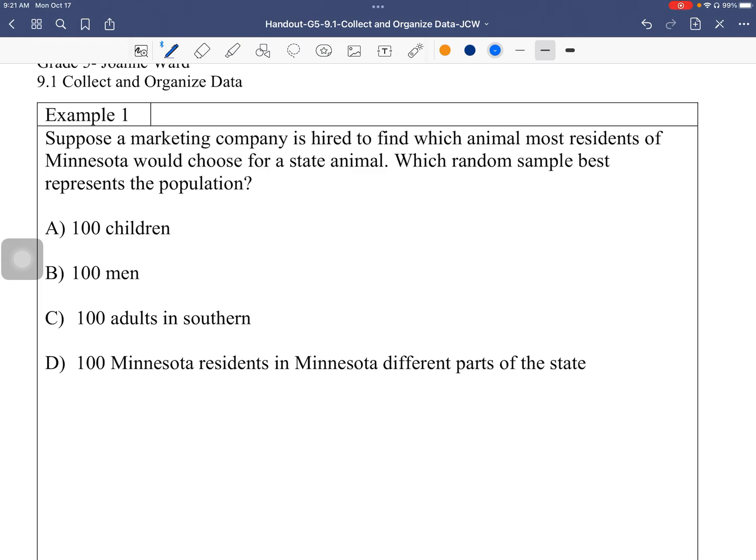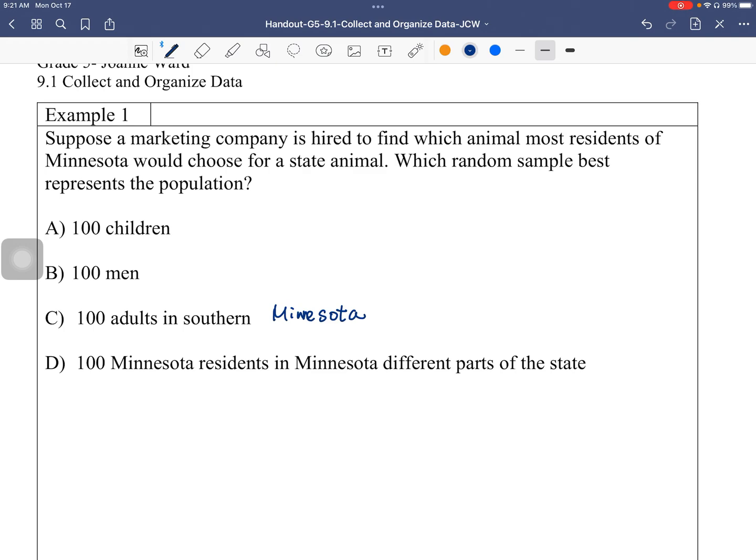C is 100 adults in southern Minnesota. D is 100 Minnesota residents in different parts of the state. So the answer here is D, because only D represents the population fairly.